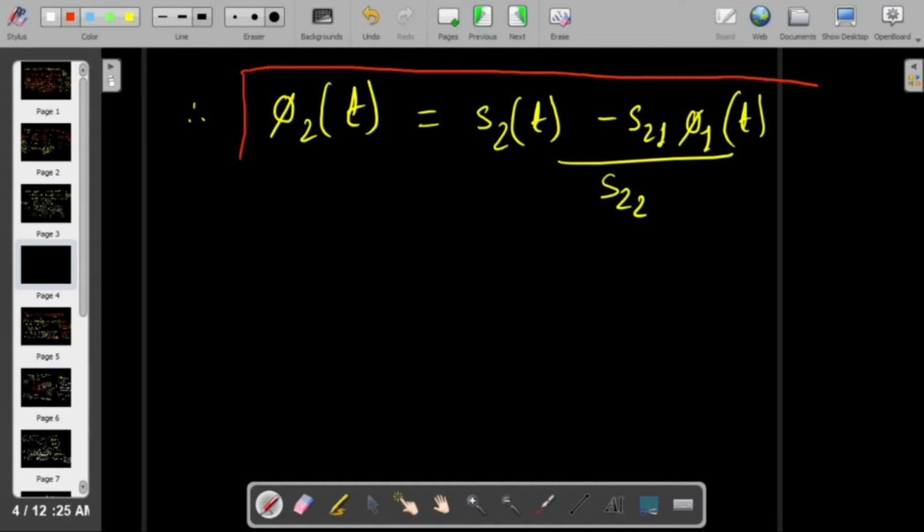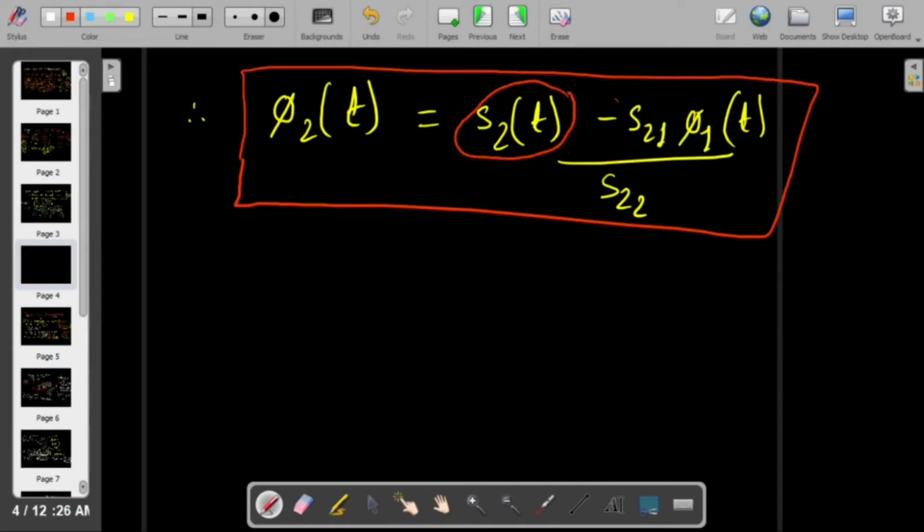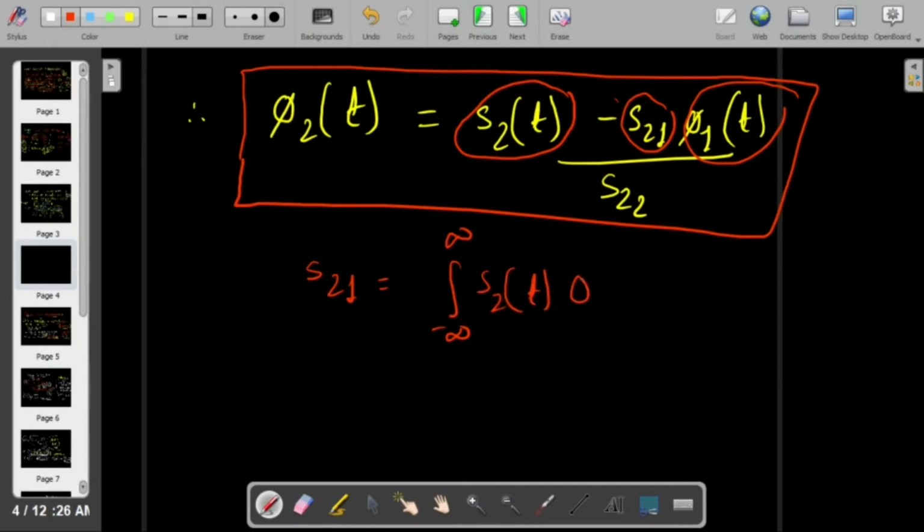And why is it so? Because obviously we know S2(t), since it is our signal given in the question. We can find phi 1, we already know phi 1(t). We can find S21 as well, because S21 is nothing but that projection, which is the integration of S2(t) times phi 1(t).